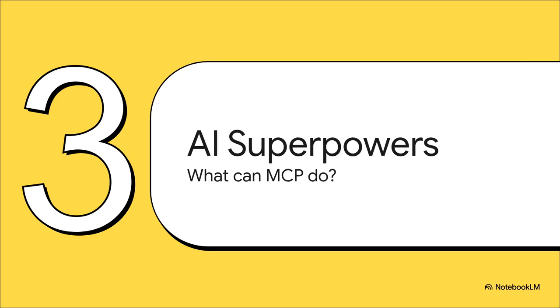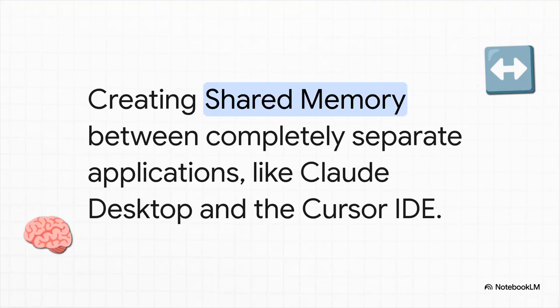All right, the theory is cool and all, but this is where it gets really fun. What can you actually do with this protocol? Let's check out some of the AI superpowers that MCP is already making possible. First up is something that pretty much every developer has been wishing for, the ability to create a shared memory between totally separate apps.